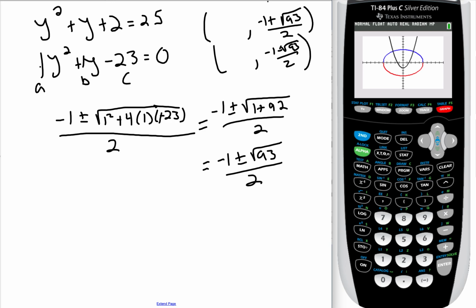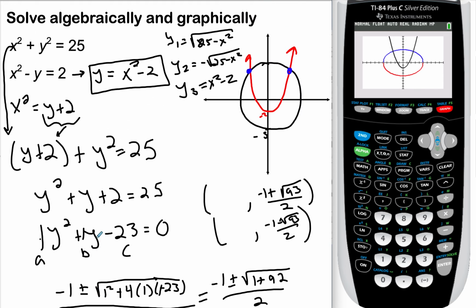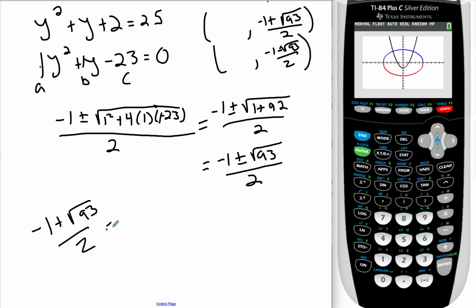Okay. So what I'm going to be doing is I'm going to be plugging in and solving for y, or for x in this case, rather. So we've got negative 1 plus root 93 over 2. Remember our formula, equals x squared minus 2. Now, this is a positive number, so I'm actually going to be okay. But notice what happens here. So, first thing I'm going to do is I'm going to multiply both sides by 2 because I don't like this fraction.